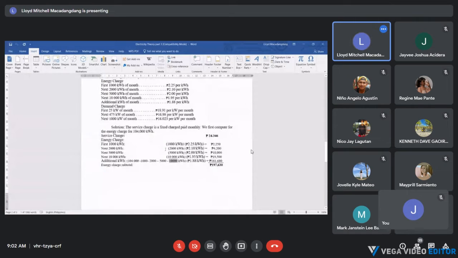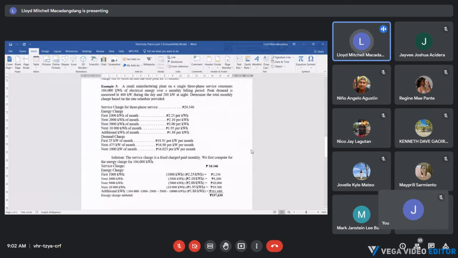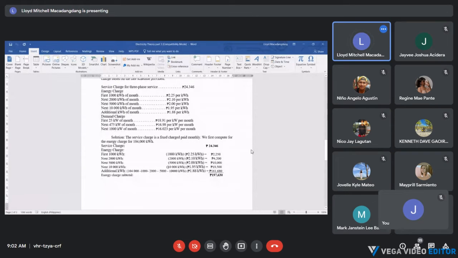Next 2,000 kilowatt hour, then 5,000, then 10,000. These are our energy charges.